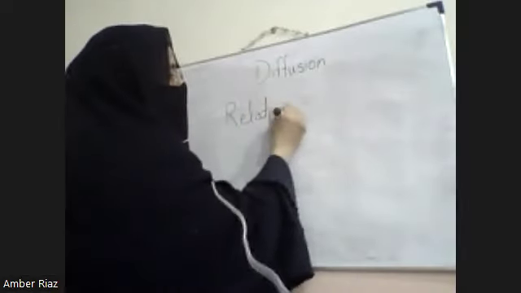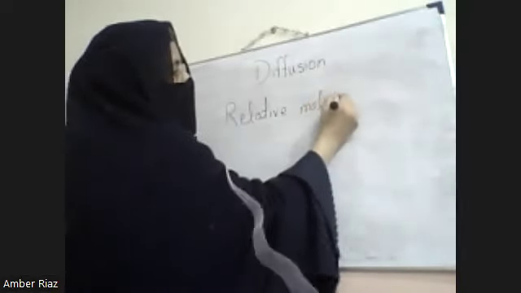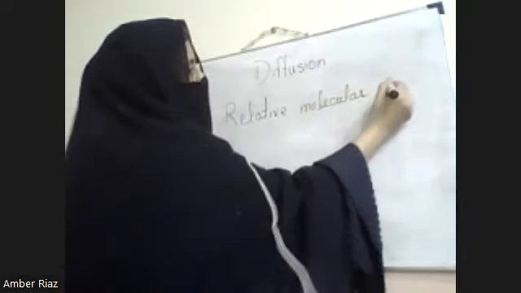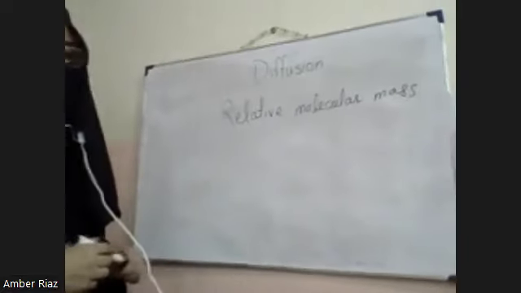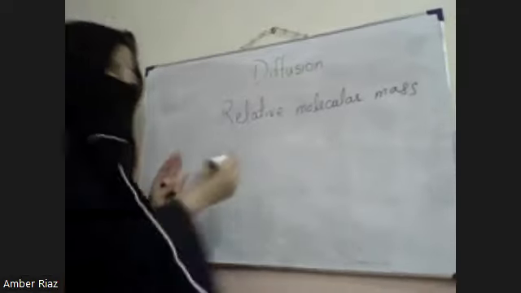Now, what is relative molecular mass? The relative molecular mass is the sum of the atomic masses of all the atoms present in a molecule.